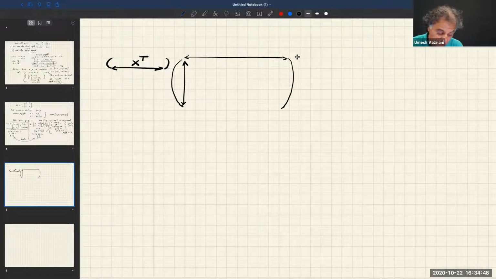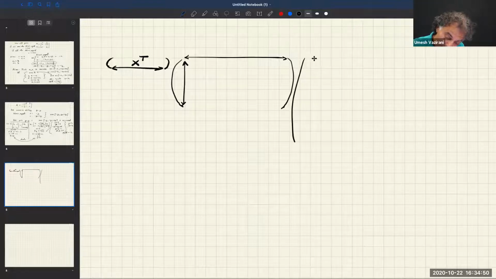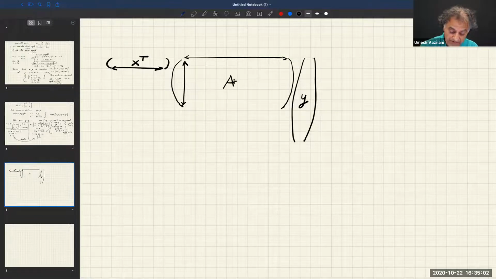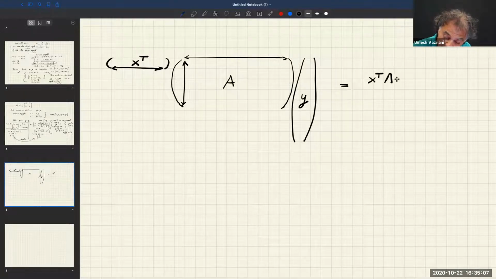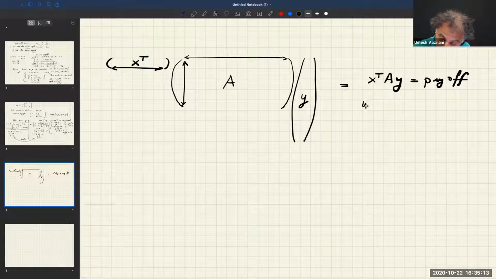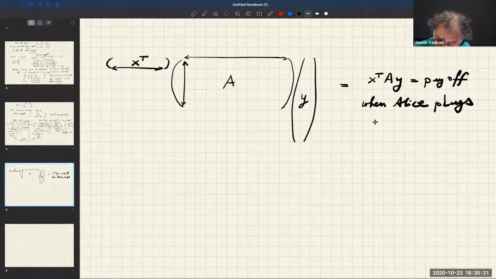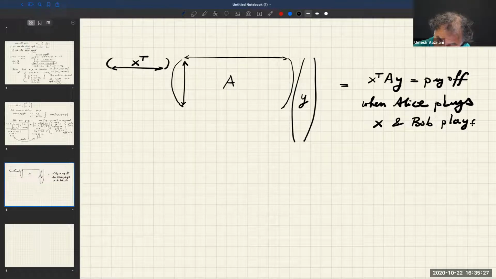And so Y is going to sit out here, right? Its length is exactly as much as the number of columns, right? That's your payoff matrix A. And then the payoff is exactly X transpose AY when Alice plays X and Bob plays Y.